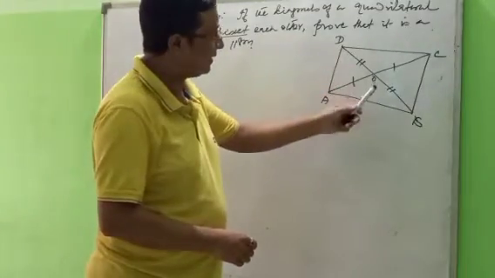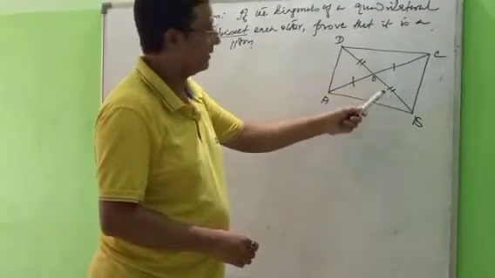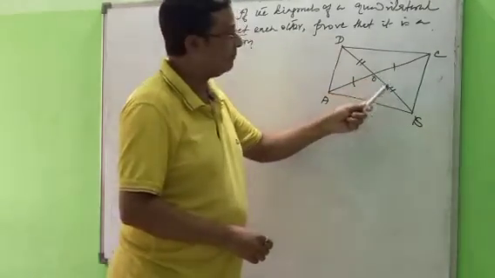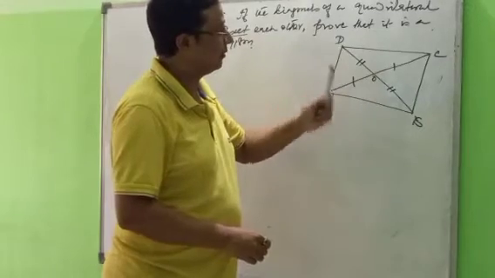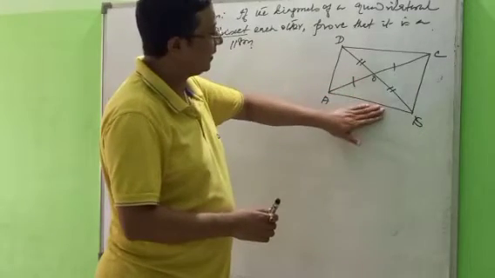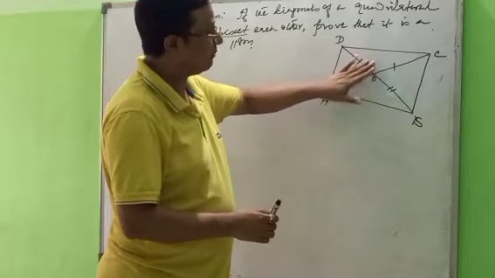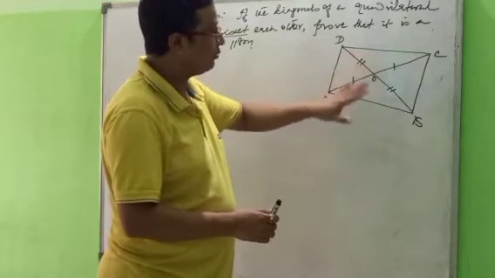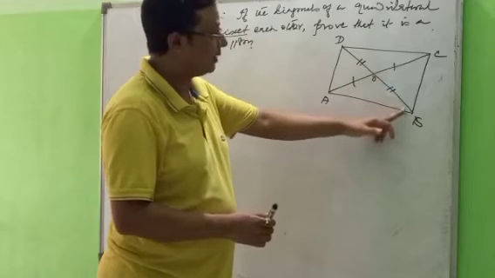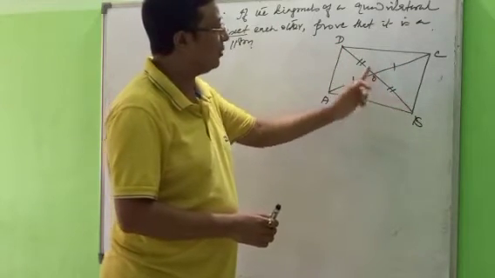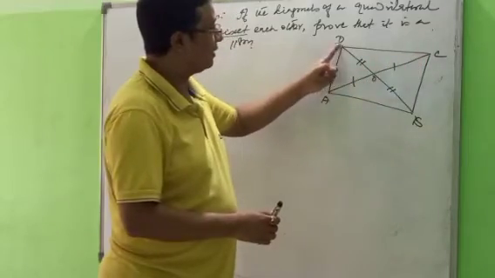It is given that the two diagonals bisect, that means AO equals CO and BO equals DO. So you will make the figure a parallelogram by taking one pair of triangles and making them congruent. Either you make triangle AOB congruent to triangle COD, or you make triangle BOC congruent to triangle DOA.